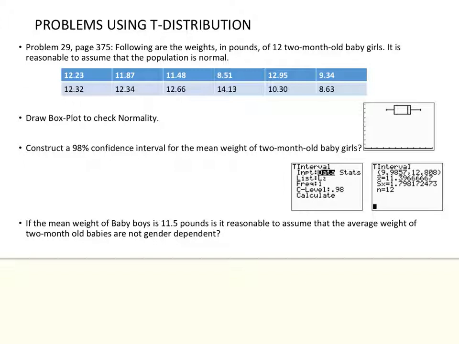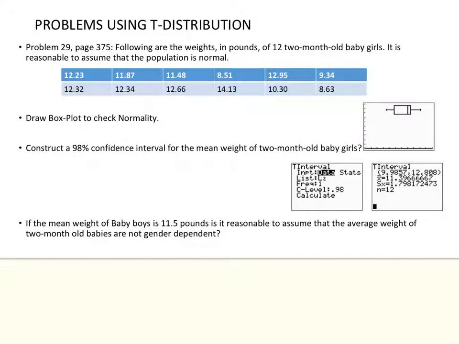In the second problem, we're looking at some data. This is problem 29 on page 375. The following are the weights in pounds of 12 2-month-old baby girls. And then the question is, can we assume normality from the population?